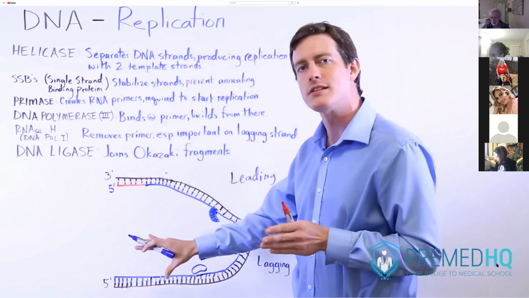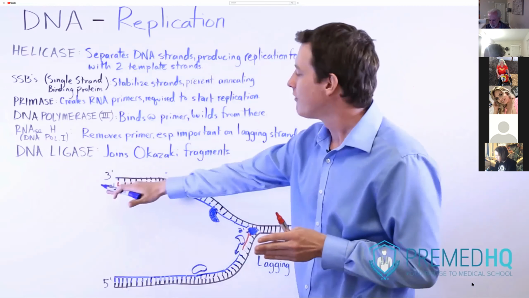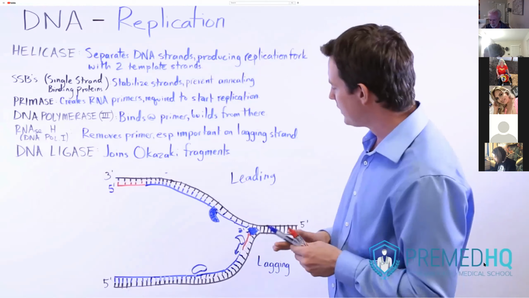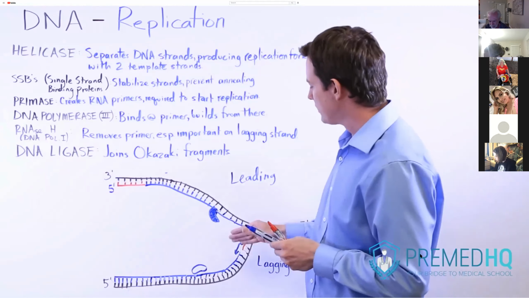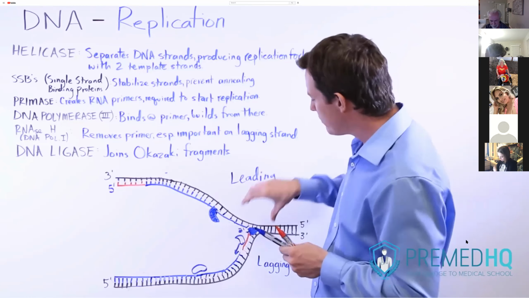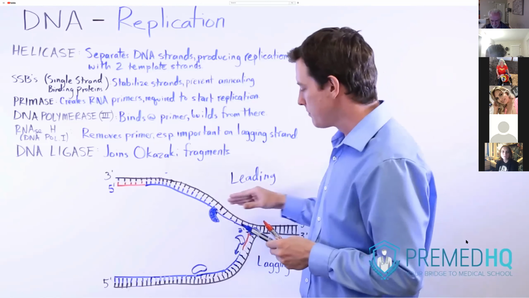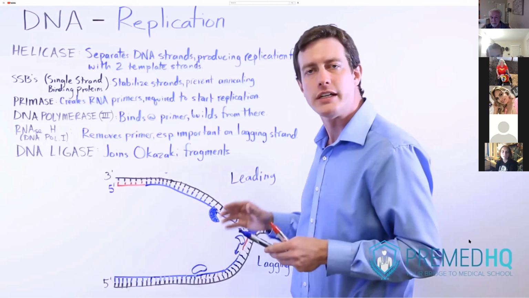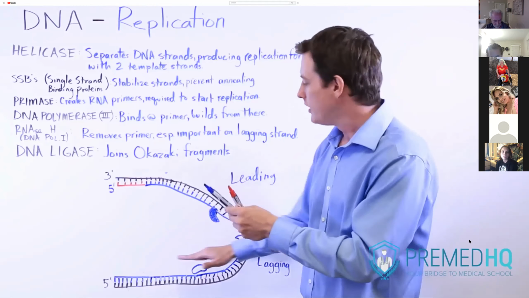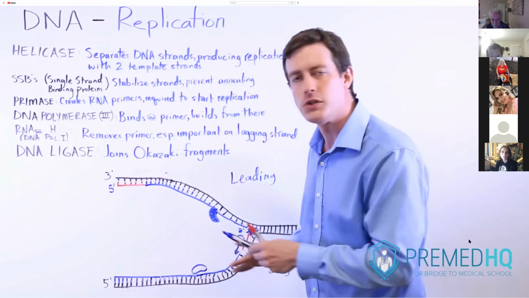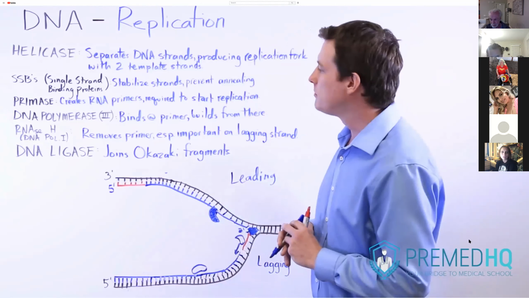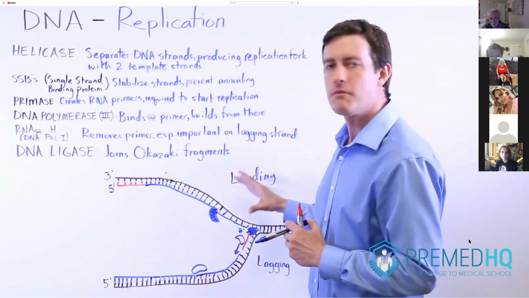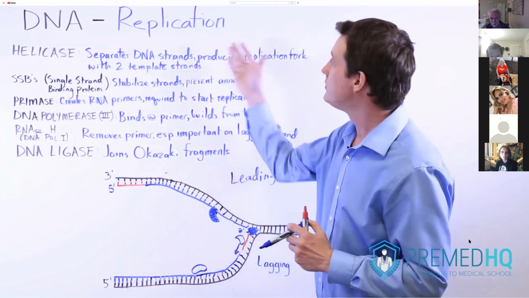As long as you understand that the lagging strand necessitates laying down more primer, having polymerase build more of these Okazaki fragments, and eventually joining them to the other bases we've produced with a DNA ligase, then you'll be able to understand the semi-discontinuous nature of DNA replication.